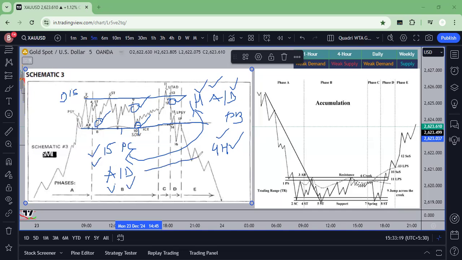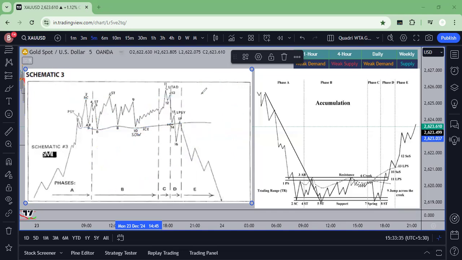But that doesn't mean they would collaborate or sync in with each other. That's the reason people face difficulty. To resolve this difficulty, they try to focus on a single time frame. Like for example, again I'll take an example of 15 minutes.